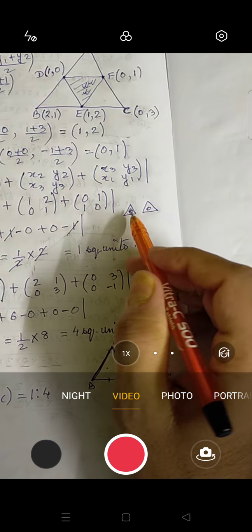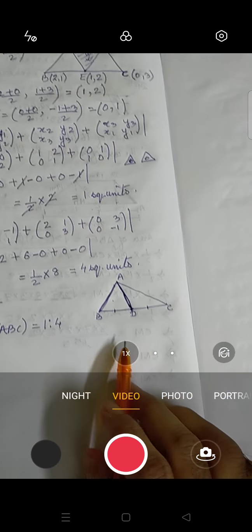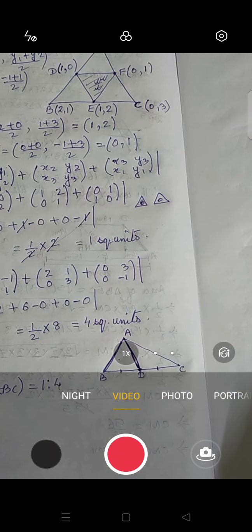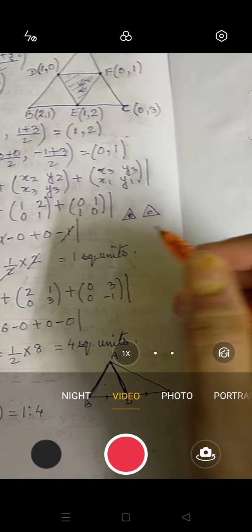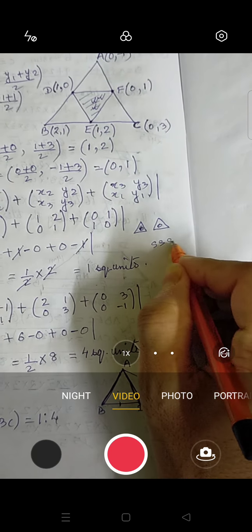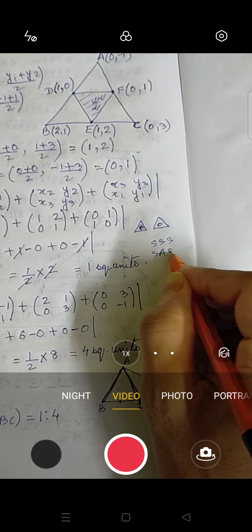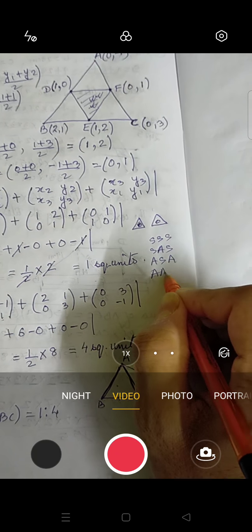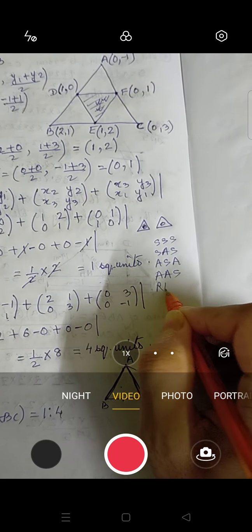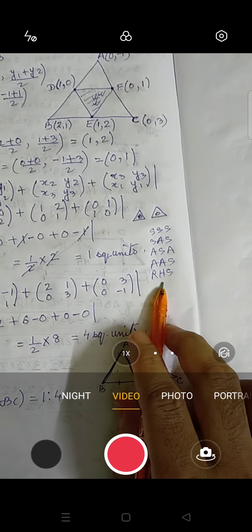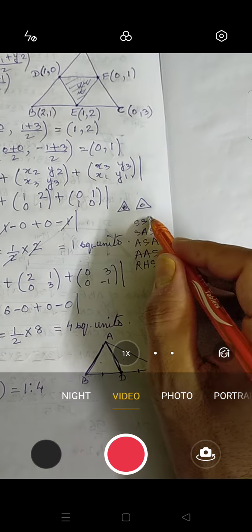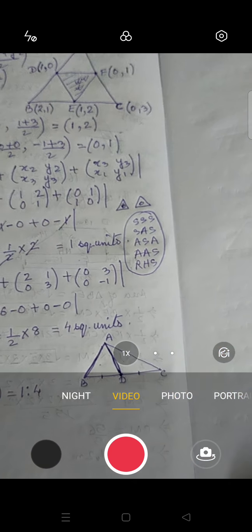So that is called congruent, exactly the same. And congruence of triangles can be proved by 5 different criteria that I have taught you in class 9: SSS, SAS, ASA, AAS, and RHS. By these 5 criteria, we can prove that two triangles are congruent.